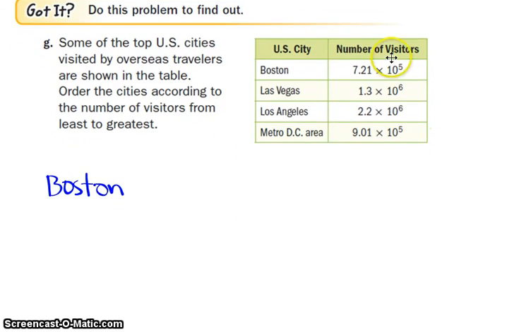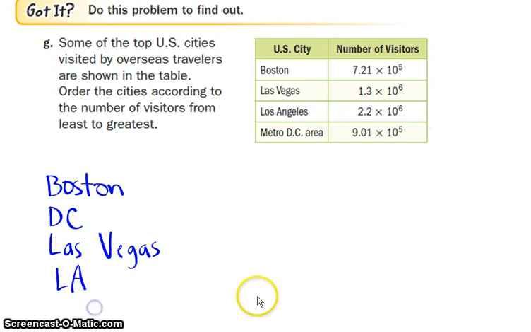And then the other exponent of 5 is DC. Okay. Now let's compare exponents that are 6. We need to compare 1.3 and 2.2. Okay, well 1.3 is smaller, so Las Vegas would be next, and our biggest city would be Los Angeles. Okay?